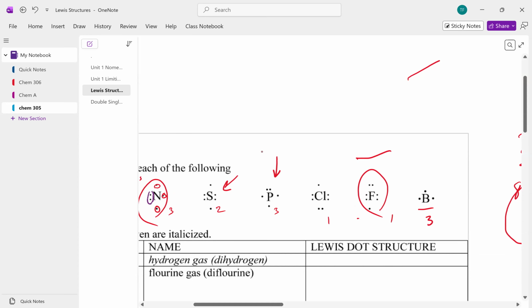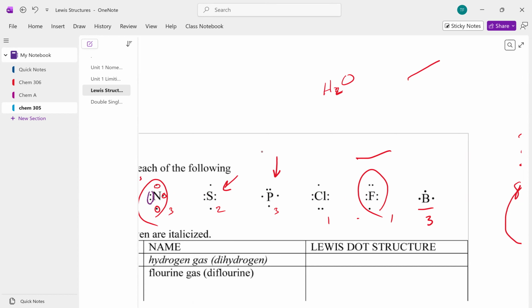Now, Dr. Lewis, back 150-ish years ago, they would get things like H2O. And they wouldn't know what it looked like. So what Lewis tried to do was to put some kind of spatial cognition around the formula.